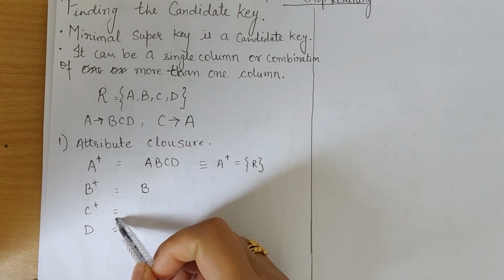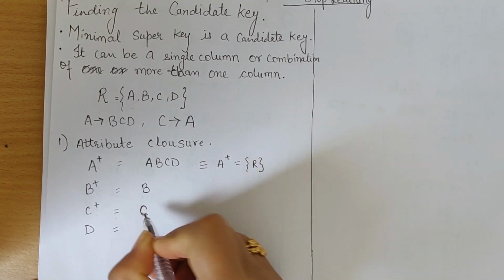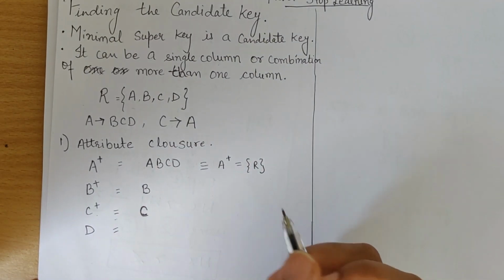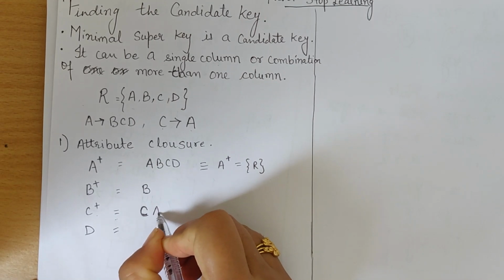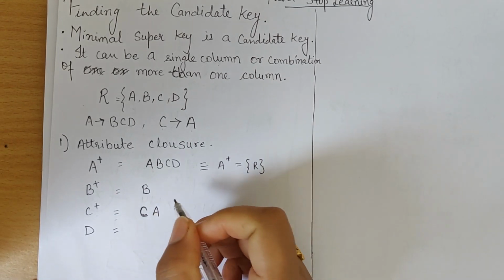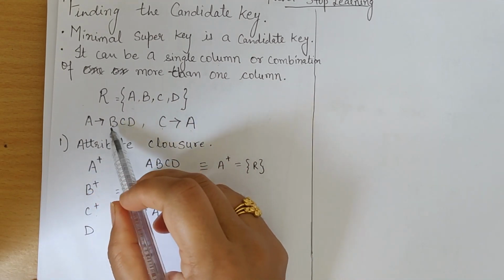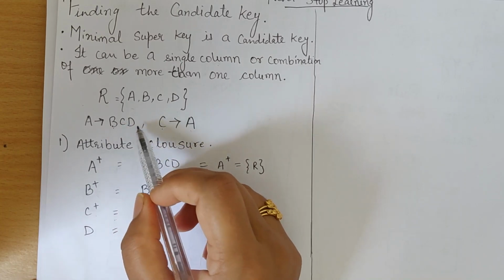Now let's check the closure of C. First I have to write down the element whose closure I am computing. That element can determine itself, so C determines C. Next, C determines A, so here I will write A. And is there any dependency on A? Yes, A determines B, C, D also.